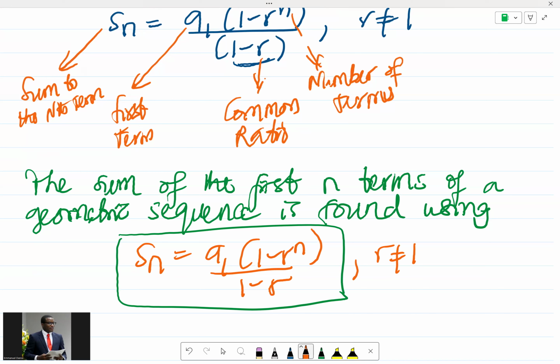Really important to note that. So that is the sum.